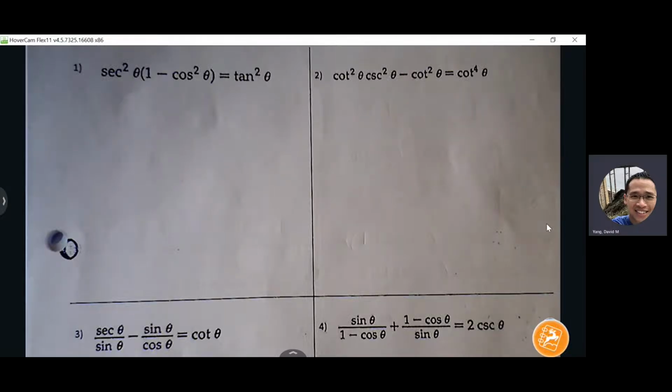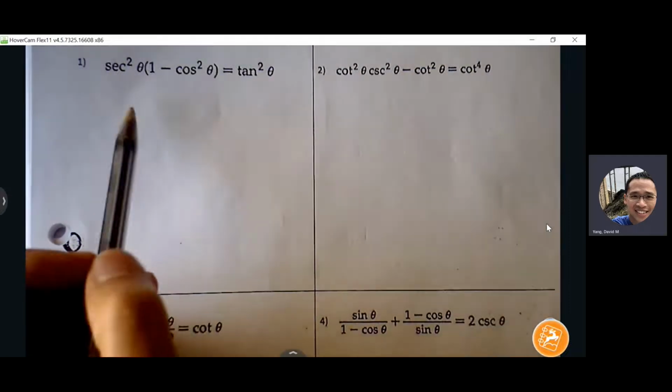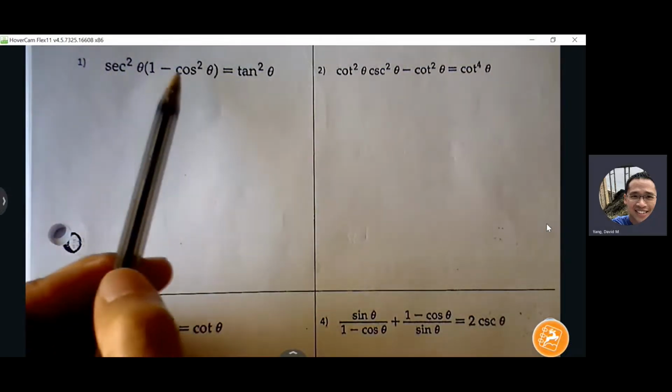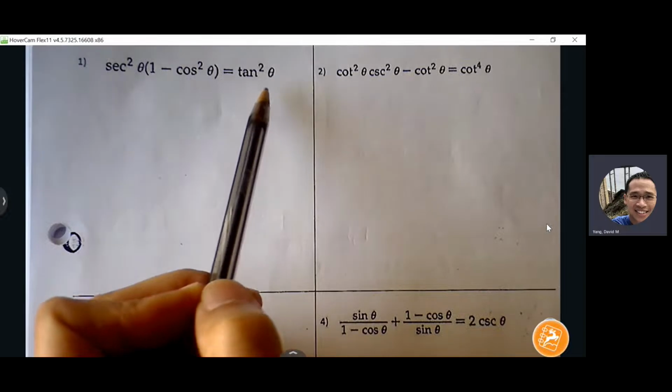Sometimes if you're taking the quiz and you just feel like you're stuck and you're having trouble working from one side, you can maybe try starting on the other side. Okay, you can definitely do that as well.